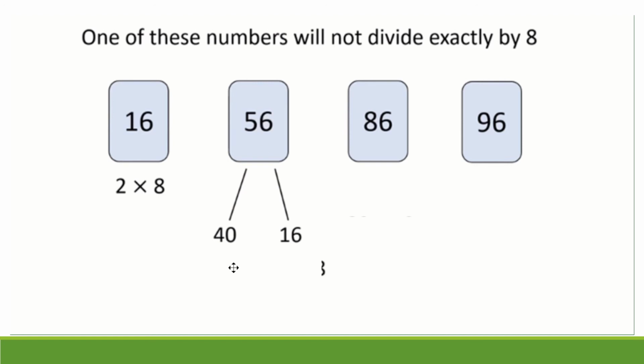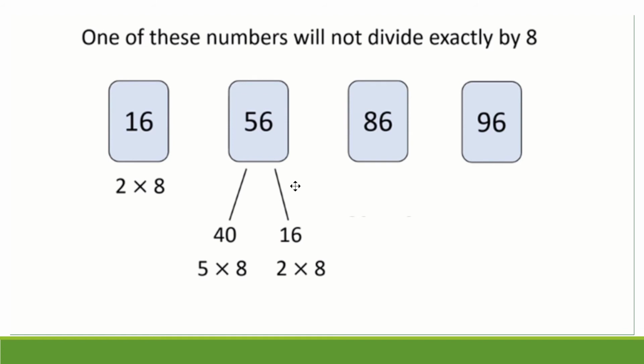Now I know that 5 times 8 equals 40 and 2 times 8 equals 16, as we have been learning in our times tables. Therefore 56 divided by 8 is going to equal 7, because we have 5 lots of 8s there and 2 lots of 8s there. So that number will divide exactly by 8.